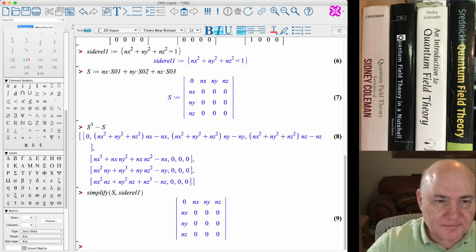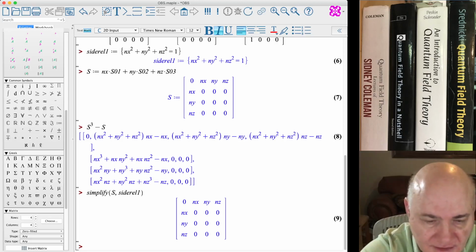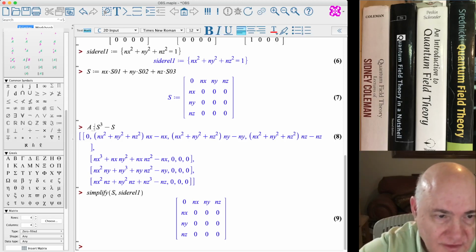Okay, I don't want to simplify S. So let me go back here and just assign a matrix to this.